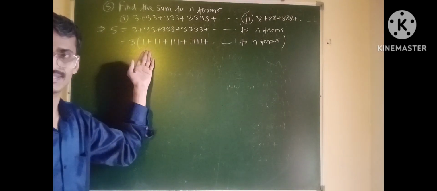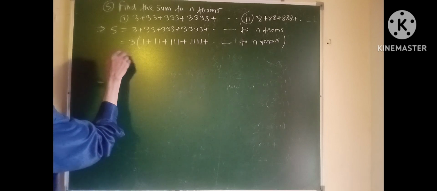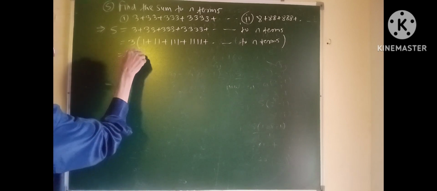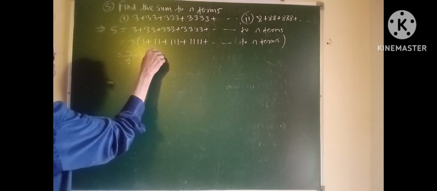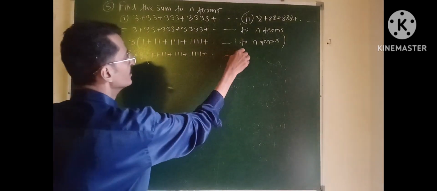Again this is not AP or GP, but as we want 9 here, multiply and divide by 9.